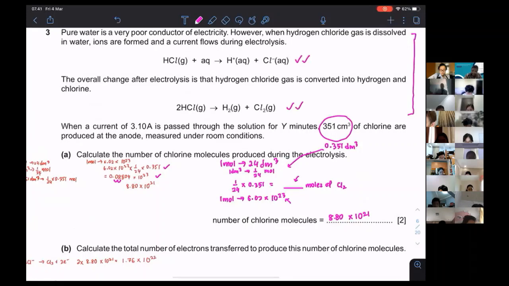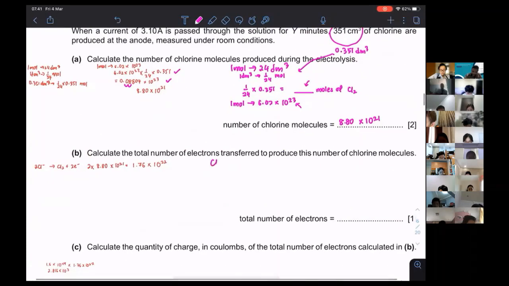You just need to write the equation at the anode, which is going to be Cl minus, minus electrons, so it becomes Cl2 plus 2 electrons. From here, we know that every 1 mole of Cl2 is going to involve 2 electrons, so it's a transfer of 2 moles of electrons.